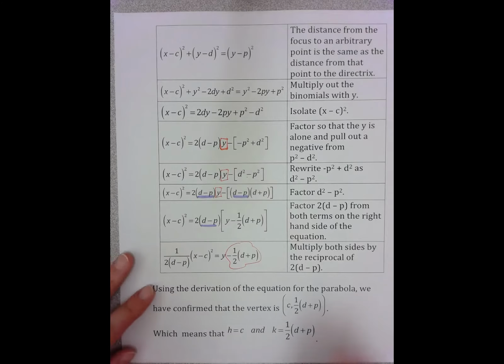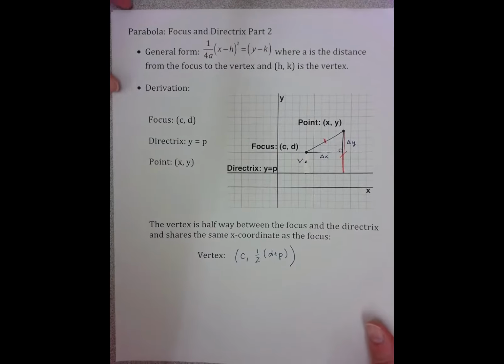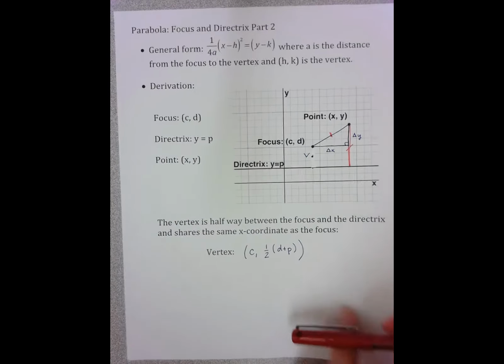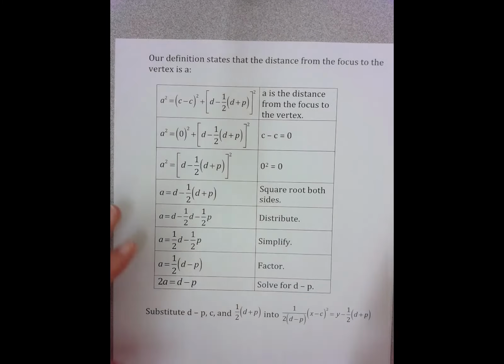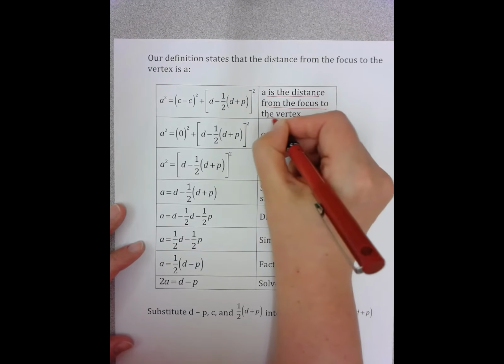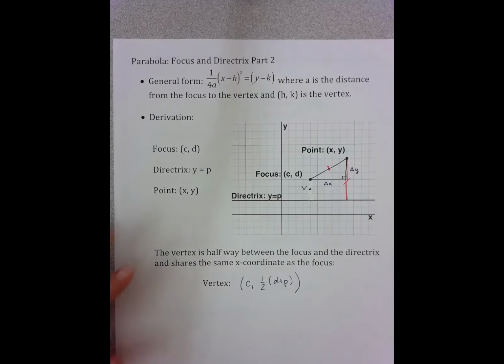Now I need to go back and look at the definition of what a is. So it turns out that a is going to be the distance from the focus to the vertex. So I'm looking at distance. Let's go back and look at my original picture here.